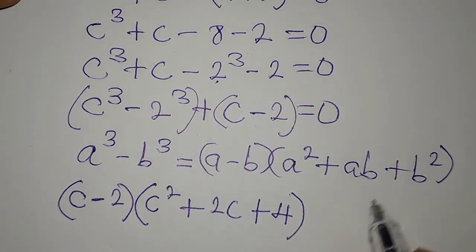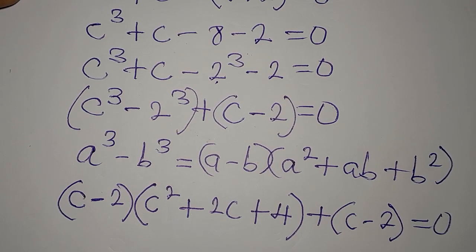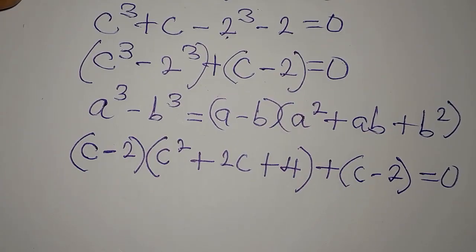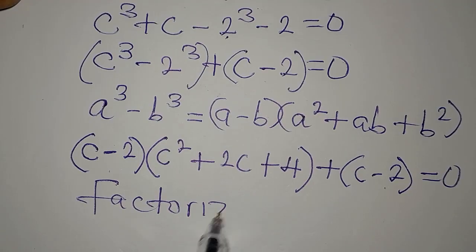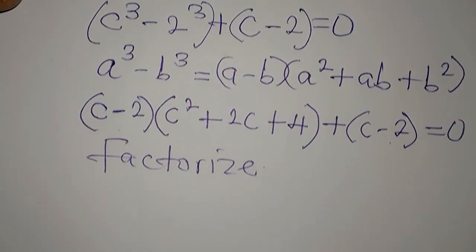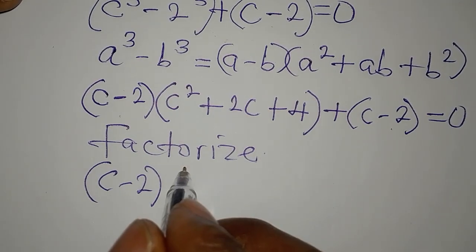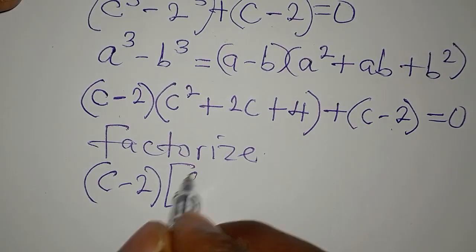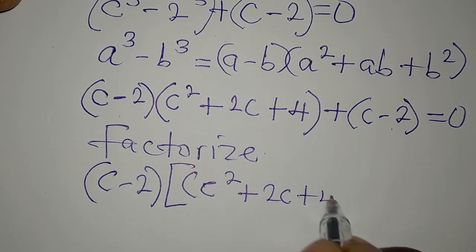Then I will move over to that. Plus open bracket C minus 2, and everything here is equal to 0. Okay, and now we have this and this the same, so we are going to factorize, so that C minus 2 will come out as the common factor. Then here we have C squared plus 2C plus 4, right?